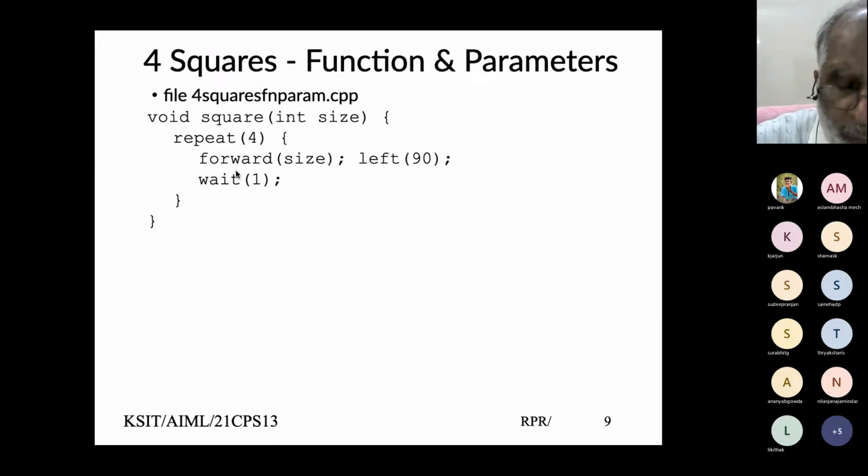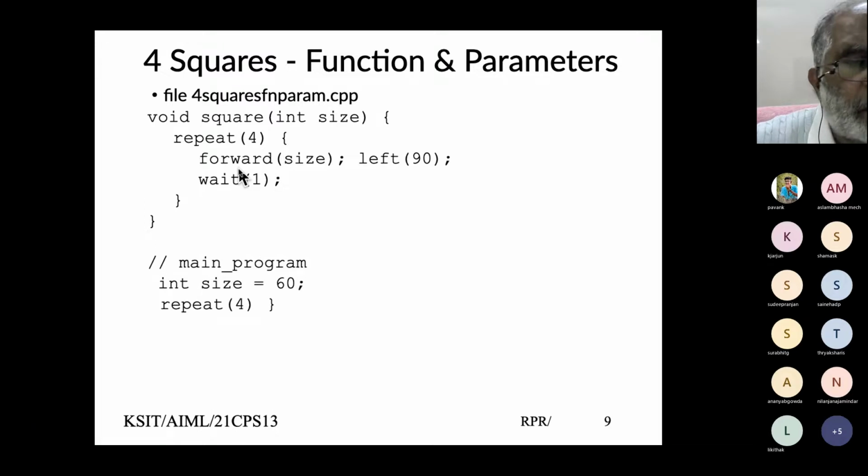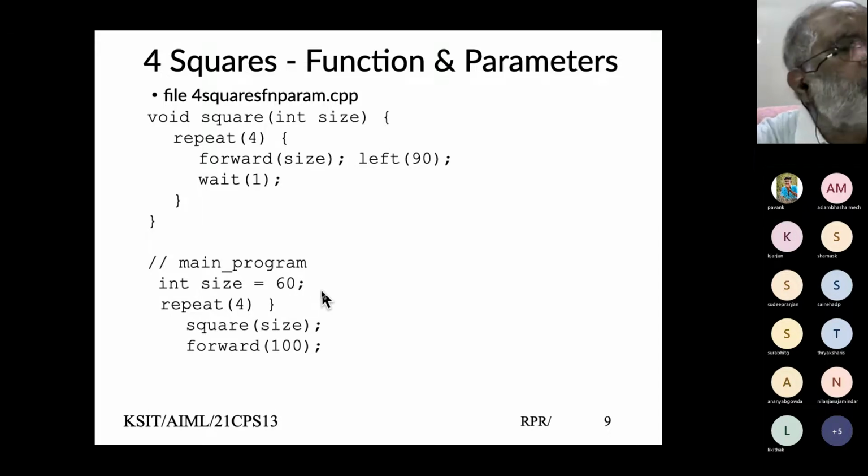Now when I want to use this square in the main program, I'm defining a variable called size as 60, repeating 4 times and calling square size and forward. I'm calling the square with size 60, so it will draw a square of size 60, and then forward 100, and then it draws another square.